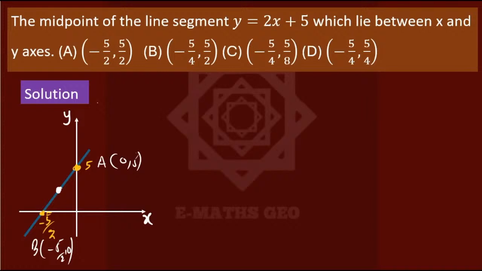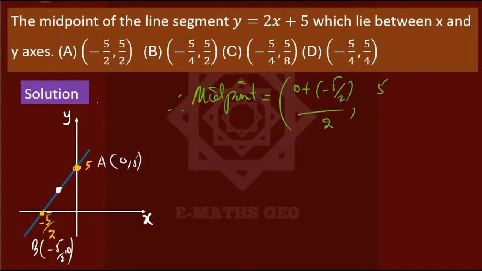We want the midpoint of the line with coordinates A (0, 5) and B (minus 5 over 2, 0). If you remember the formula, it's the average. For x it is 0 plus minus 5 over 2, all over 2. For y it is 5 plus 0 over 2. So this is minus 5 over 4, and this is 5 over 2.